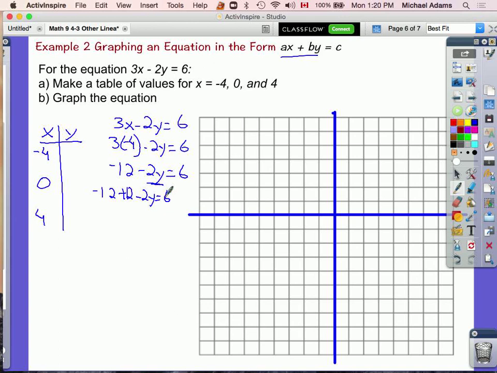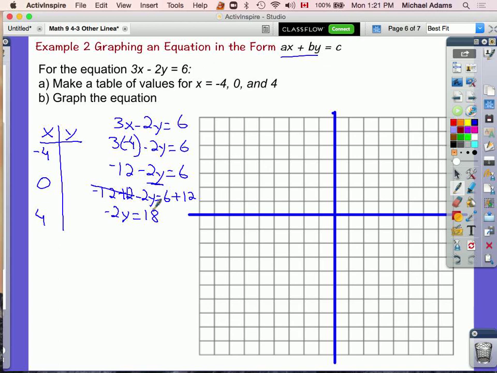And the rule is what I do to one side, I do to the other. If I added 12 on one side, I have to add 12 on the other side. So here, the negative 12 and the positive 12 cancel out, and all I'm left with is negative 2y. And on the other side, 6 plus 12, I'm left with 18.